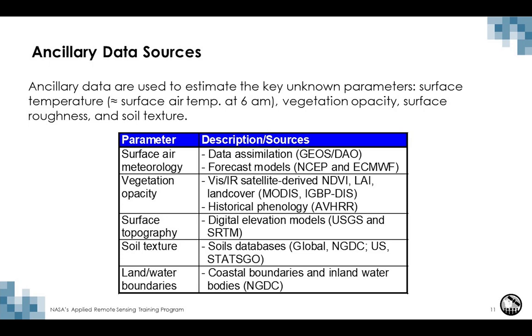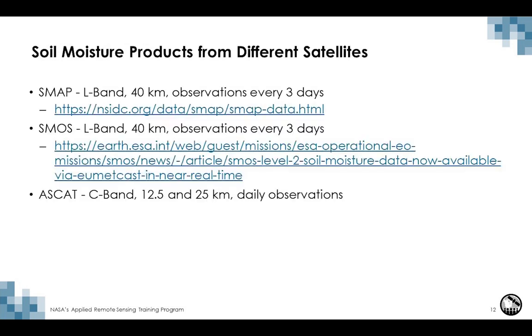Obviously, where there's water, a mask is applied so that there are no retrievals over areas where there's just water. Also, areas where there's permanent ice and snow, there are no retrievals over those areas, as well as over large urban areas.